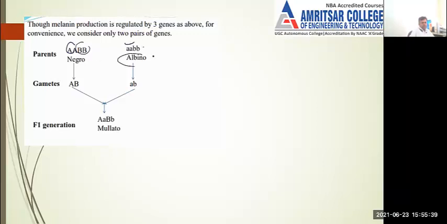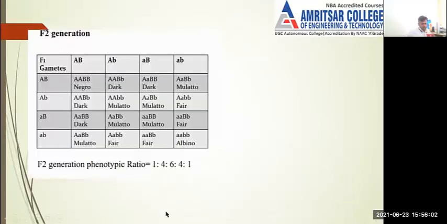Both capital alleles are going to form melanin. This is clear. Now, if you are crossing to the F2 generation, then you can see various kinds of colored people.